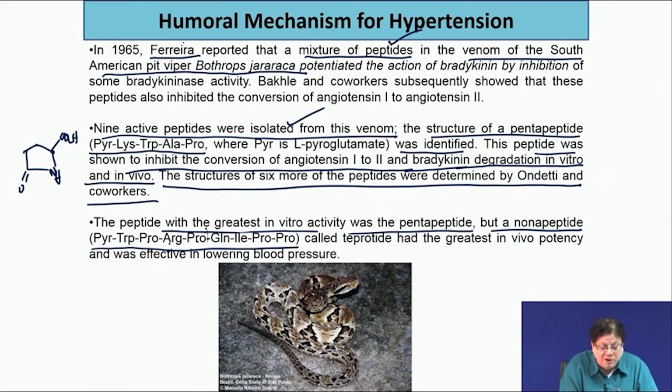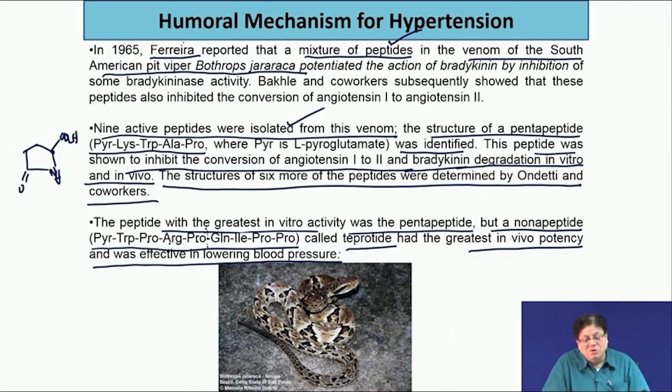That means up to this point is that pentapeptide, and then there are 4 more amino acids. It is called teprotide, and it had the greatest in vivo potency and was effective in lowering blood pressure. So, a lot of peptides were isolated, and they found that some of these have very good potency in inhibiting the angiotensin converting enzyme and thereby reducing hypertension, lowering the blood pressure.